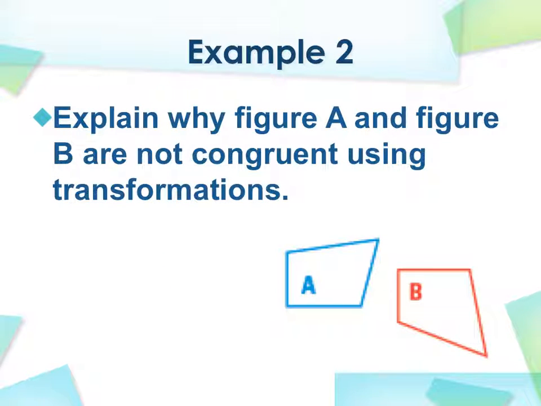Okay, so here it says, explain why figure A and figure B are not congruent using transformations. Now, if you look at it, it looks like it was a slide and a flip. However, when we do the slide and flip, notice that blue quadrilateral is not going to match up perfectly.